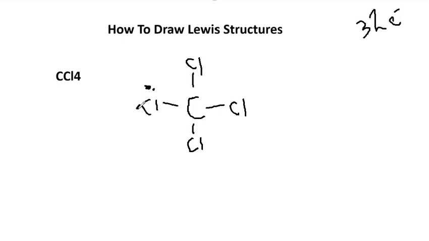My electrons may look a bit wonky because of the pen I'm using. So as you can see, each chlorine atom has 6 electrons surrounding it. The reason why there are only 6 electrons surrounding each chlorine atom is because 1 electron is participating in the bonding process with carbon.